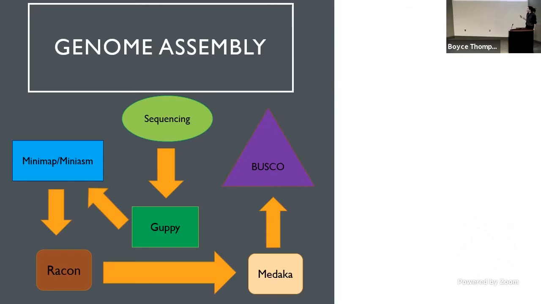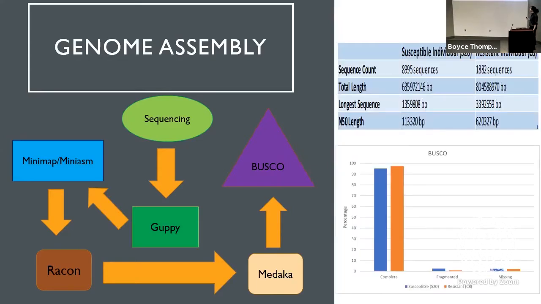And we used a BUSCO report to check both the resistant and susceptible individuals we have for the quality of the genome assembly. And here are some of the reports we found. This is the sequence count we retrieved and the total length, the longest sequence, and the N50 length. And here's the BUSCO report.